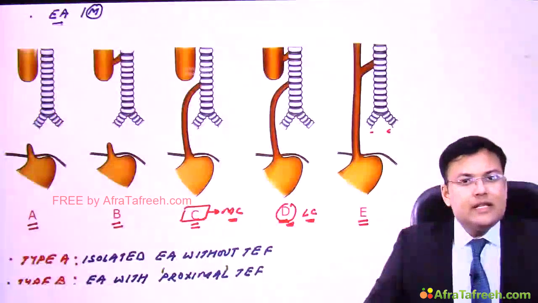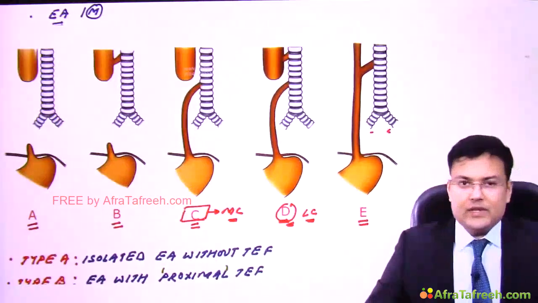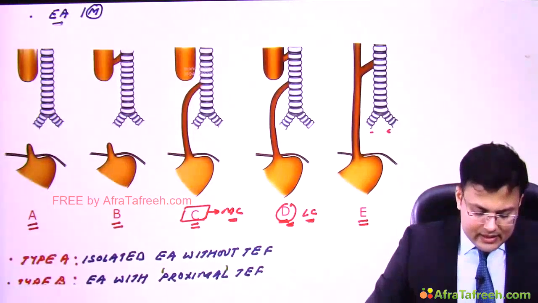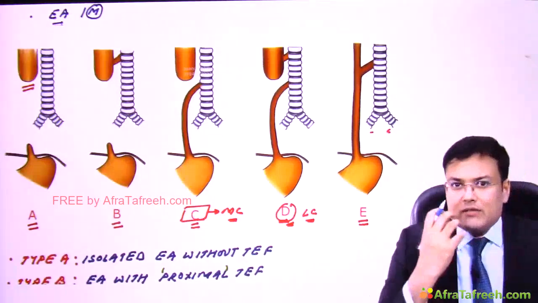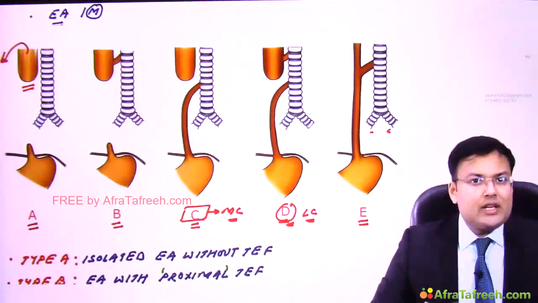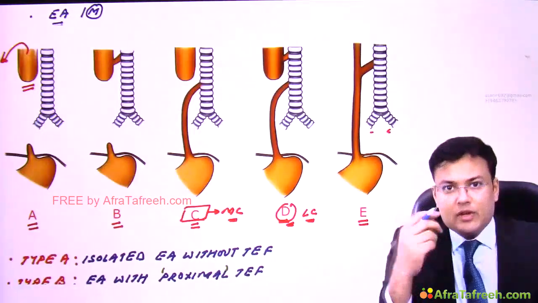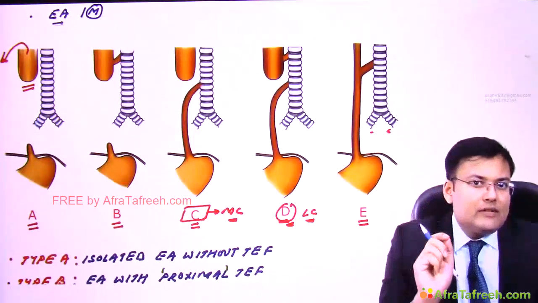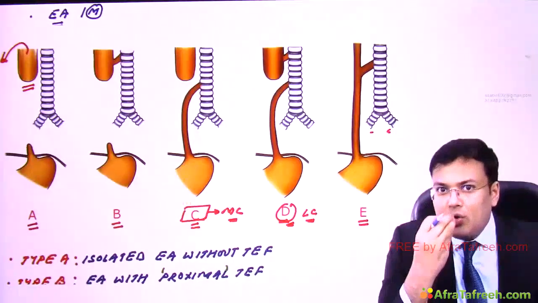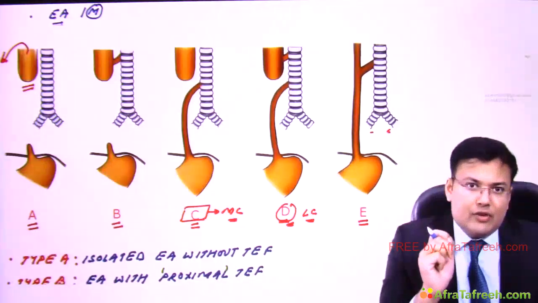Now it's very easy to understand the clinical features of tracheoesophageal fistula and esophageal atresia. First, since there is esophageal atresia, whatever saliva is going does not go beyond this point. That's why there is continuous drooling of saliva from the corner of the mouth. Second, whatever feed is given to the baby orally, there is regurgitation of the oral feed.